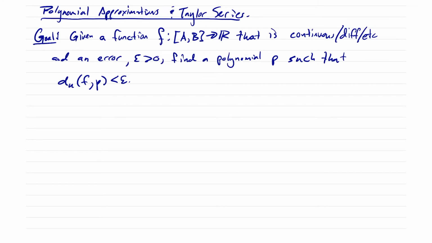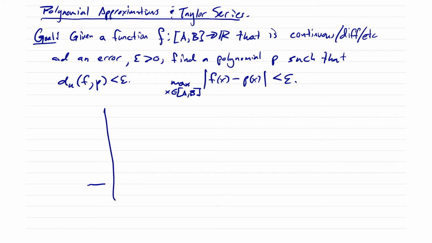What that means is that we want the maximum over x in a, b of the difference between f of x and p of x to be less than epsilon.